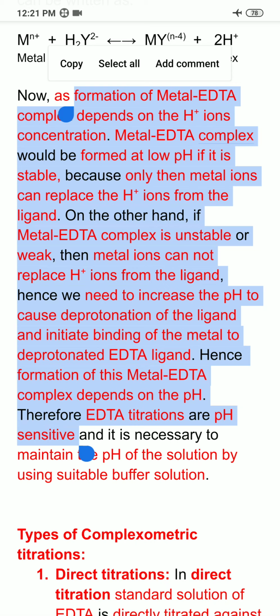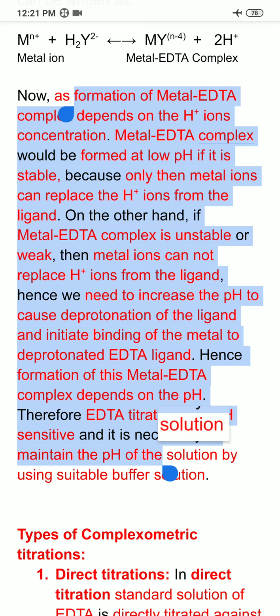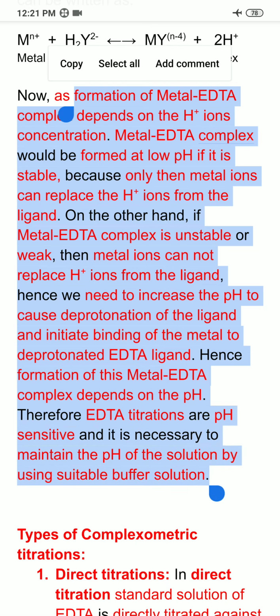So what we need to do? We need to maintain the pH of the solution by using a suitable buffer solution. So to conclude, EDTA titrations are pH sensitive, meaning some metals react with the EDTA under acidic conditions, some react under basic conditions.